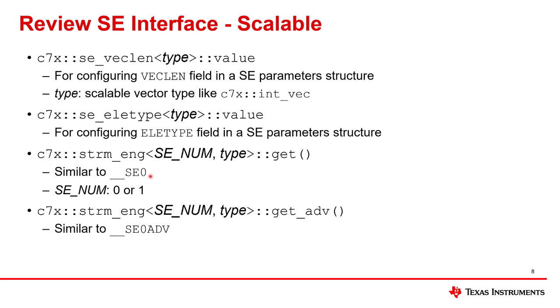This is how you read the value in the holding register in an SE. So it's similar to SE0 as shown in example 2. I already said the SE number is limited to 0 or 1. And then this last one is the same, except you say get ADV for get the value and advance the SE to the next one. So similar to SE0 ADV in example 2.